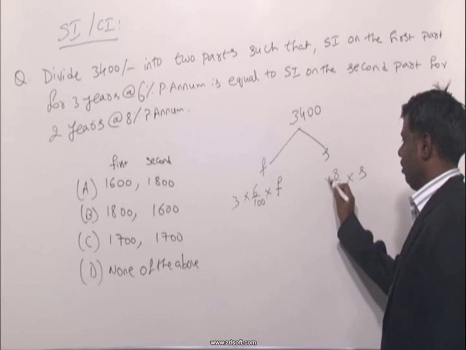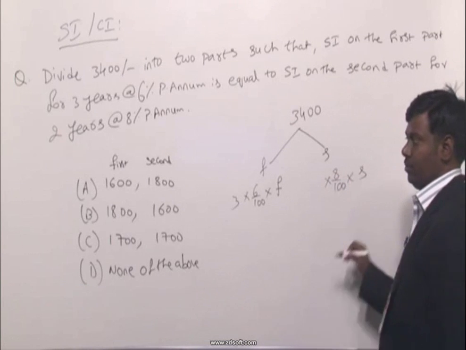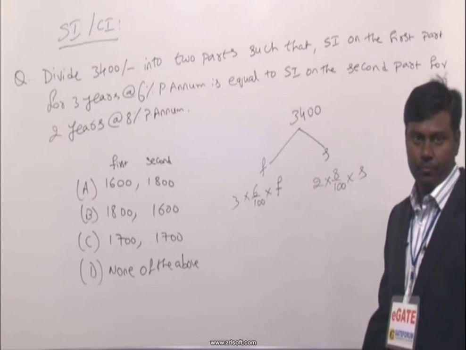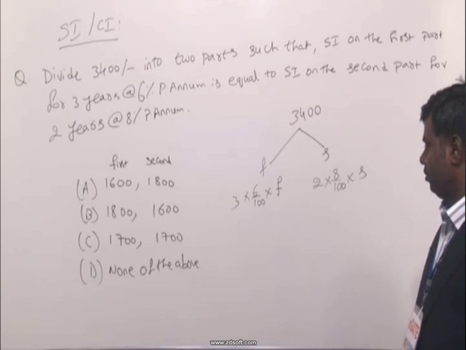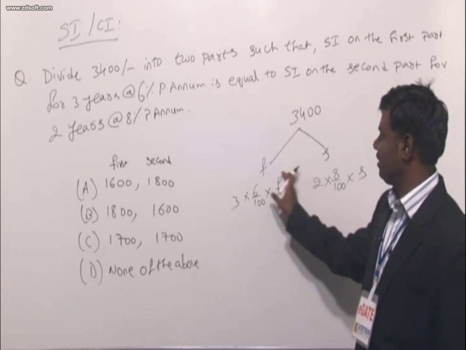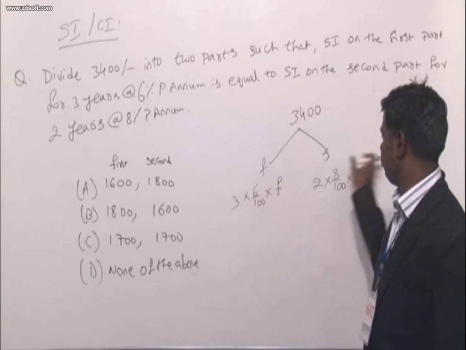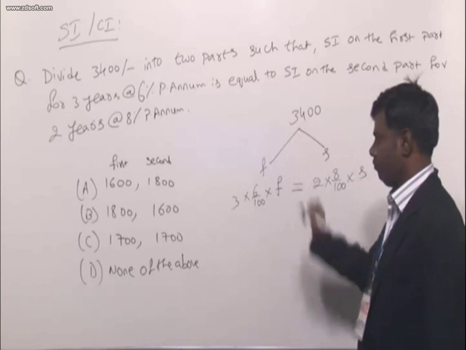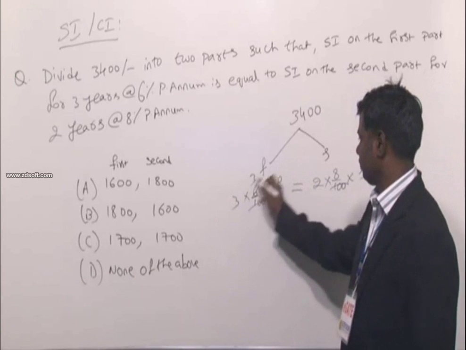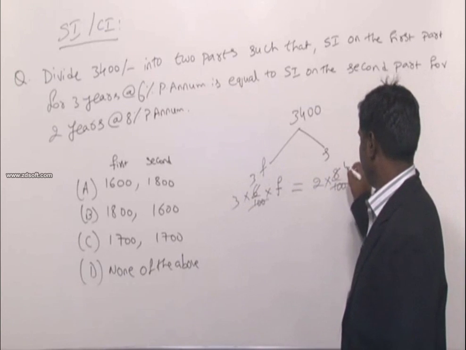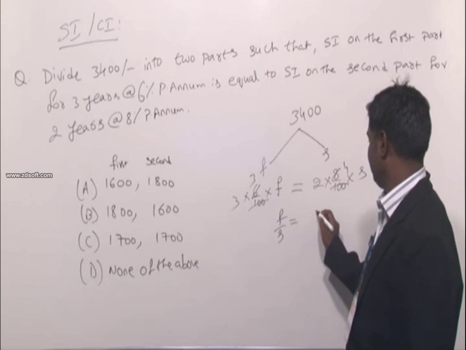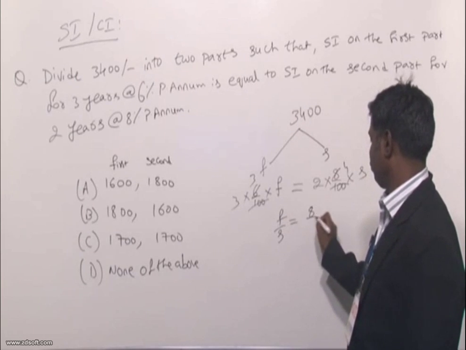Now at the rate of 8% per annum, it is lent for 2 years. This is 3 years interest, this is 2 years interest. It is said that this 3 years interest is equal to this 2 years interest. Right? So F is to S is 8 is to 9.